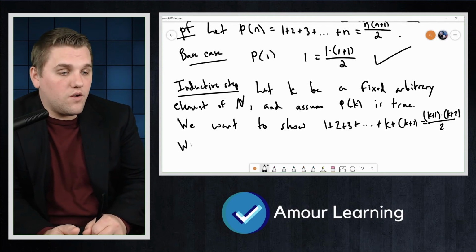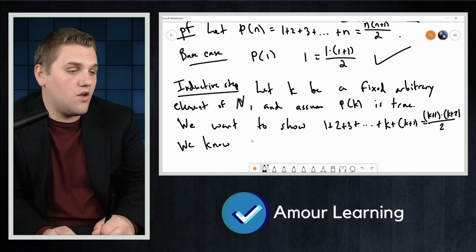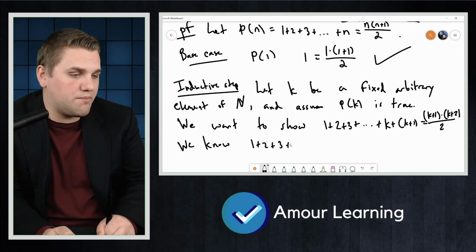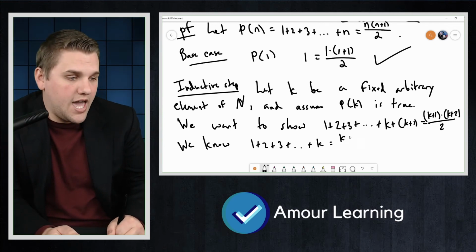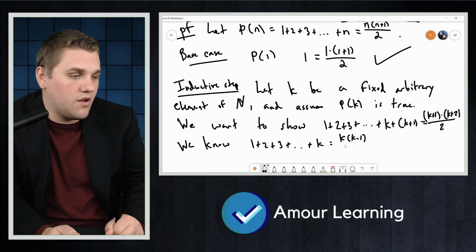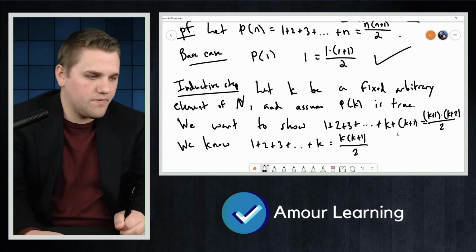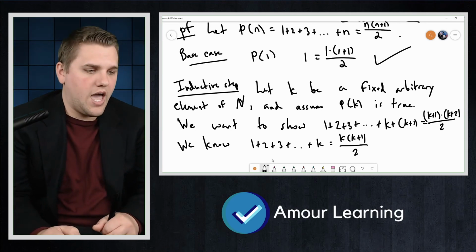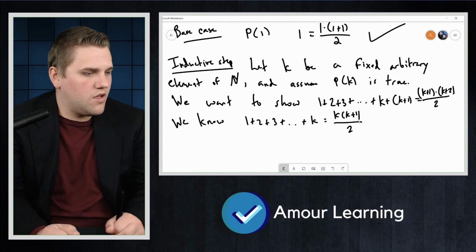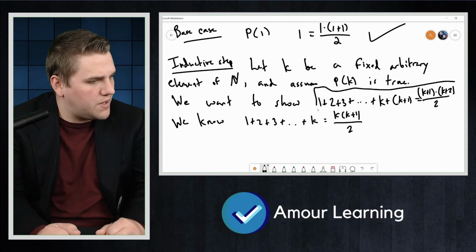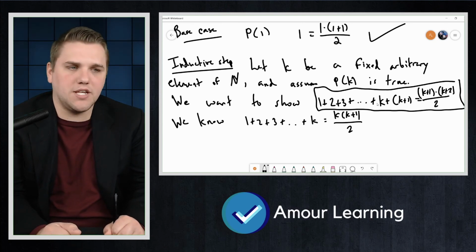Now we know that P of k is true. That means that 1 plus 2 plus 3 plus all the way up to k is k times k plus 1 all over 2. We know that's true. And if that's true, then this should be easy to prove because I know what 1 plus 2 plus 3 all the way up to k is.